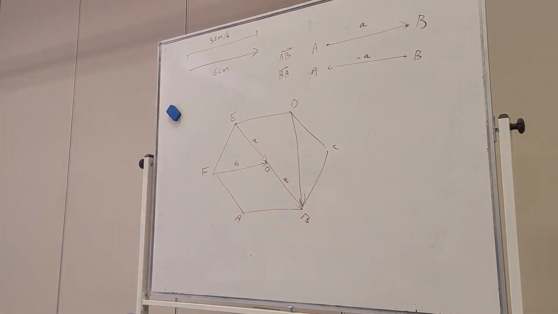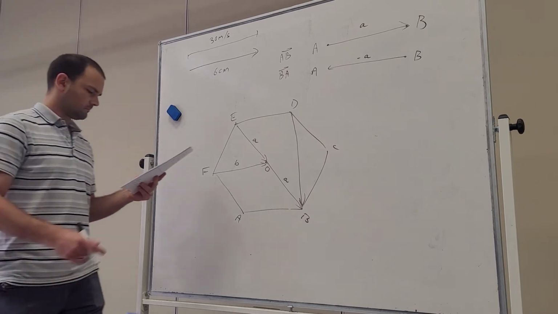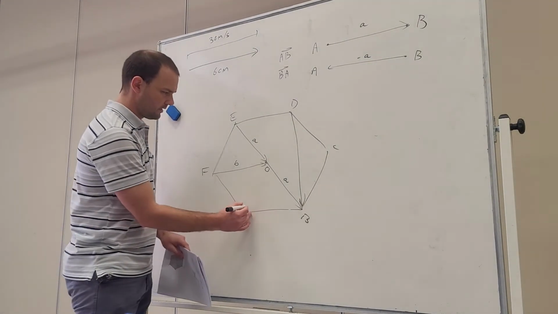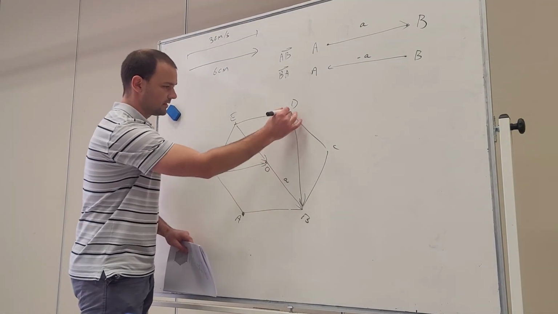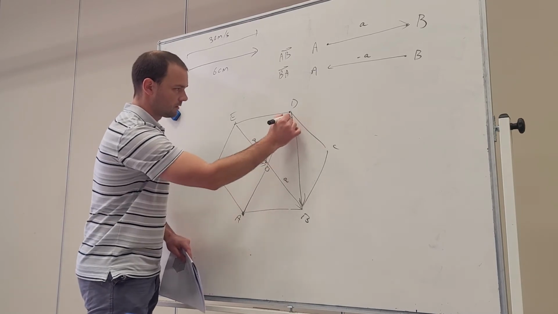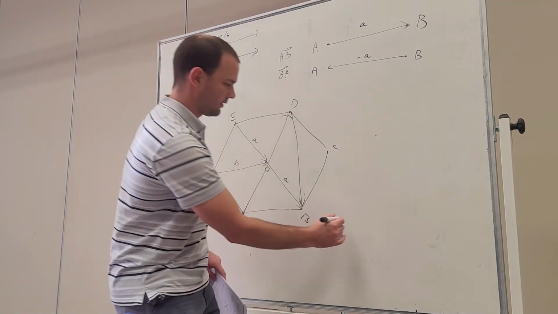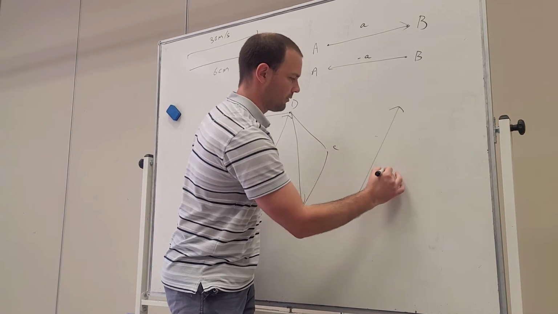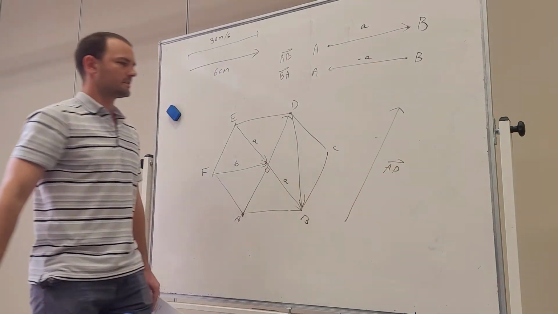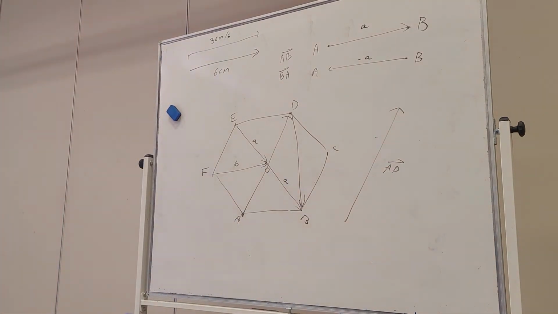Draw a vector equal to AD. Starting at A and ending at D, we can just draw that there. That would be vector AD, same size and same direction. It doesn't say it needs to be on the point.